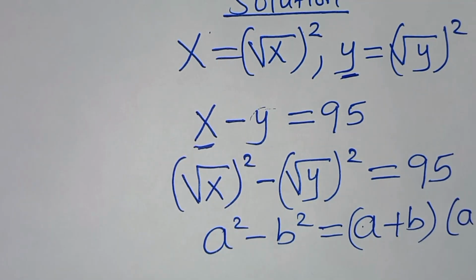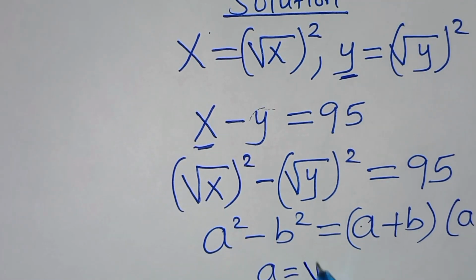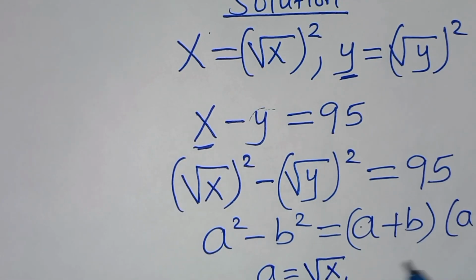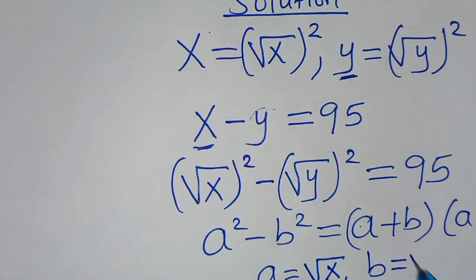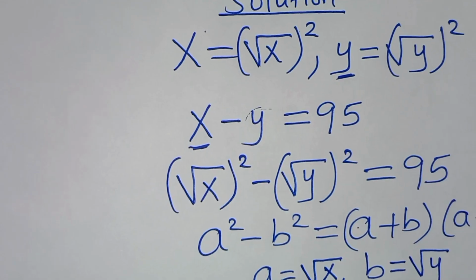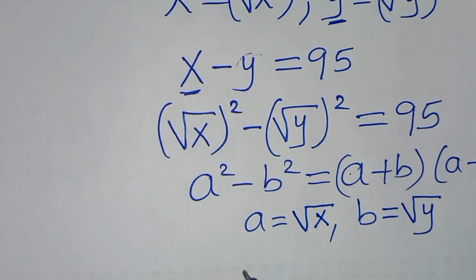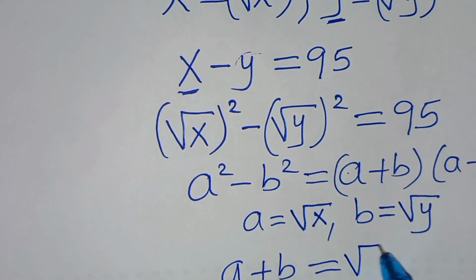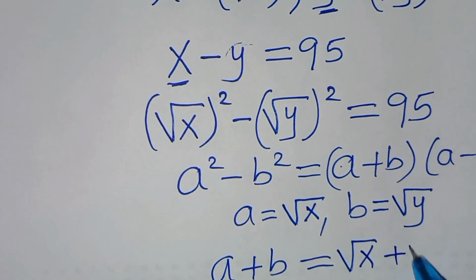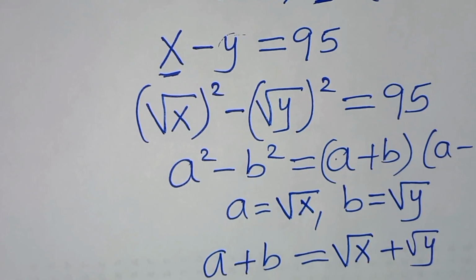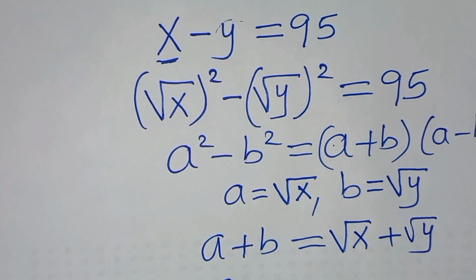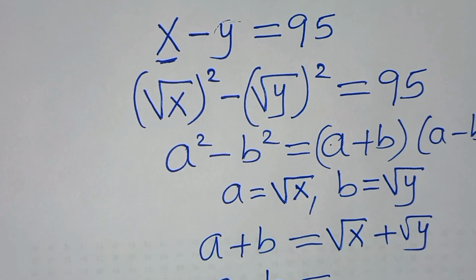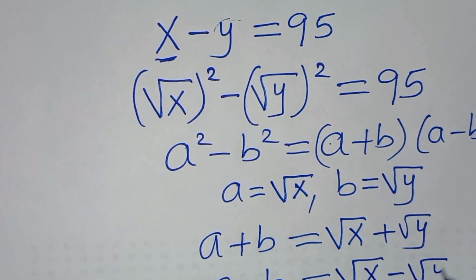So from this, a is equal to square root of x and b is equal to square root of y.